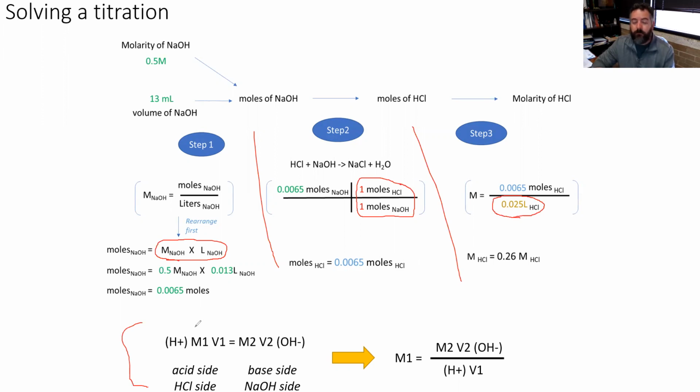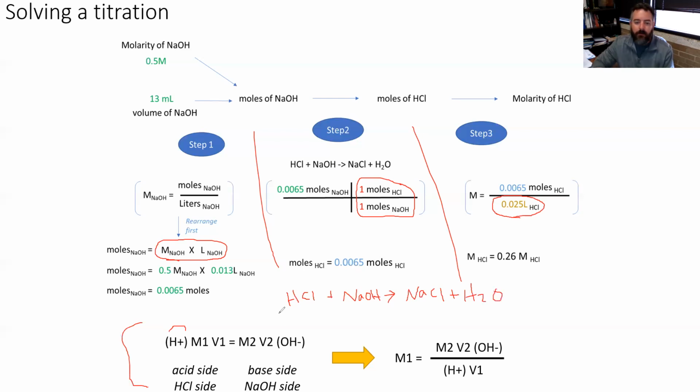So M stands for molarity, V stands for volume. What this is is the number of hydrogen cations. And the way I like to explain this is if we have the balanced equation of HCl plus NaOH gives us NaCl plus water.